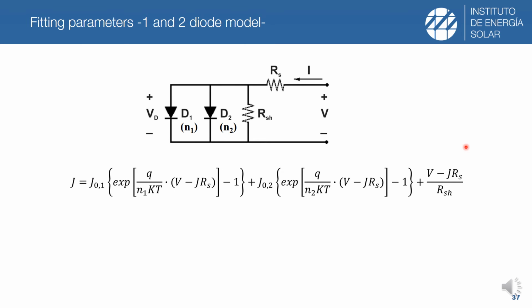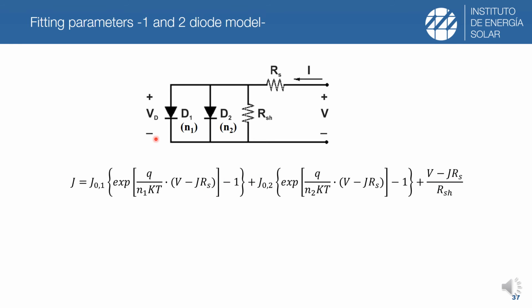In order to understand the most limiting mechanism in our diode, we have used the 1 and 2 diode model for the fitting, which is represented here. So I don't want to go very much into detail, but as most of you probably know, the IV characteristic of a solar cell can be characterized by this equivalent circuit and these equivalent equations.